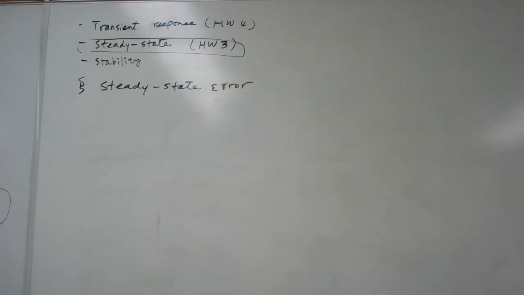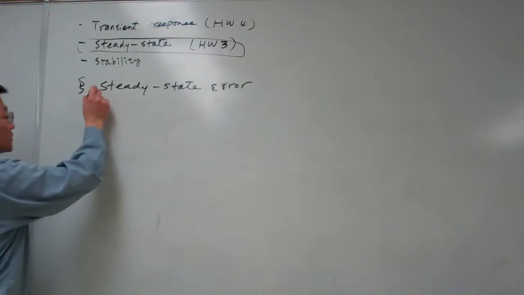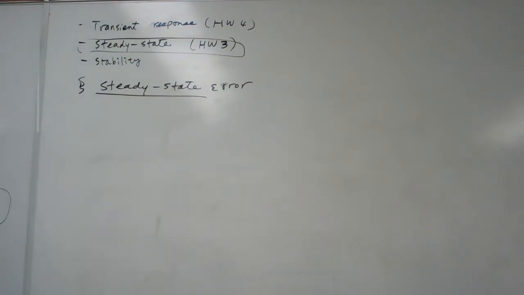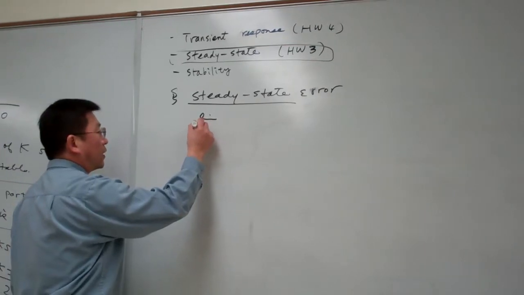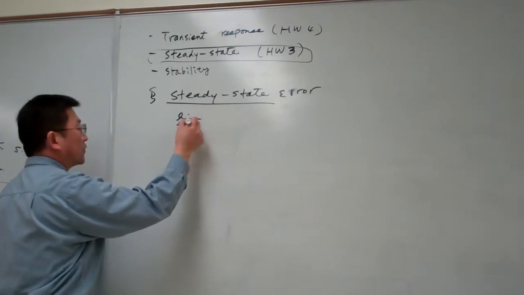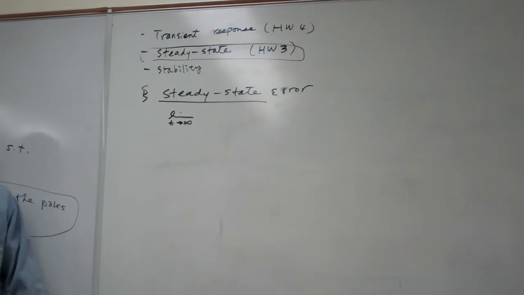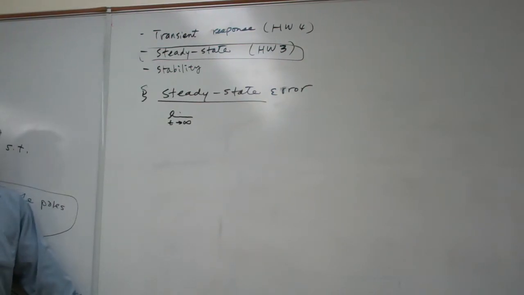The first one is I want to define what is the steady state. Steady state simply means we are concerned about the value of the system when time approaches infinity. That's called the steady state. And what is error?